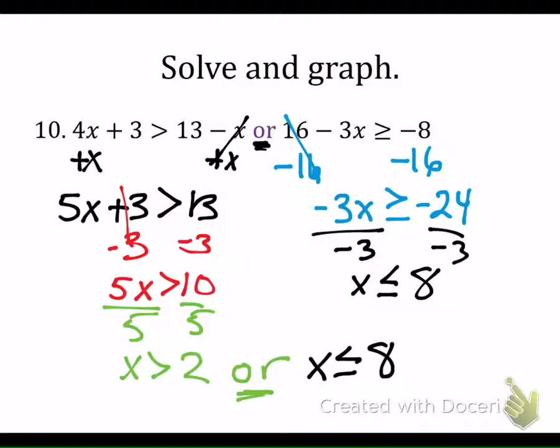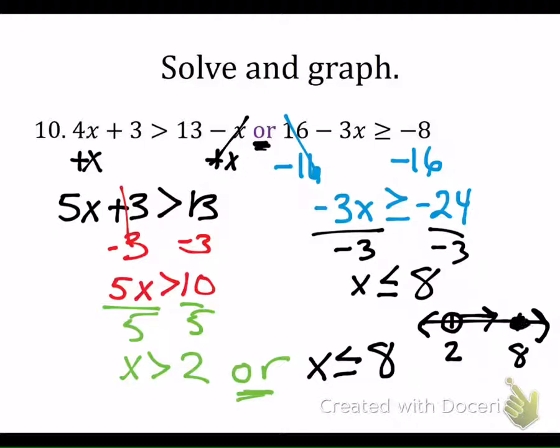So I want to graph this on a number line, and then I'm going to sort of just rethink if I'm right. So to put this on a number line, the smaller of the numbers is which one? The 2. And am I going left or right from the 2? Right. Then I want the 8.